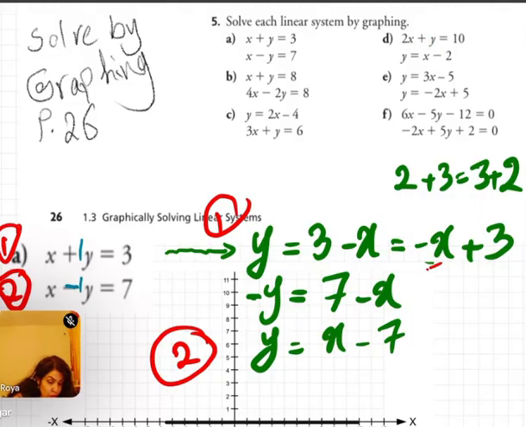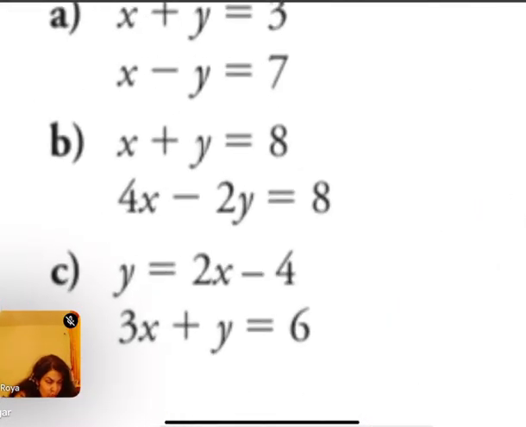For question B, as you can see here, we have 4, 2, 8. They are all even. So you can simplify this, divide both sides by 2.